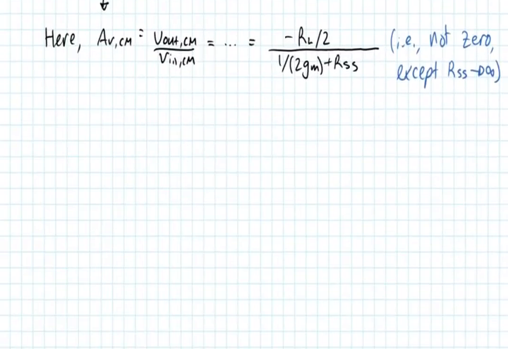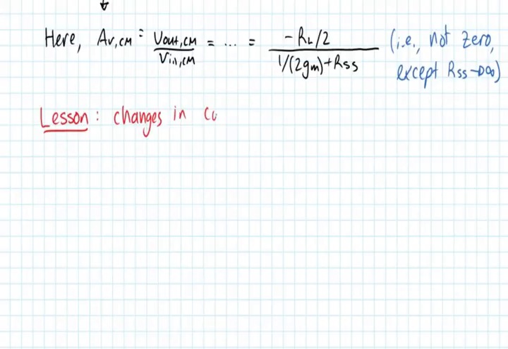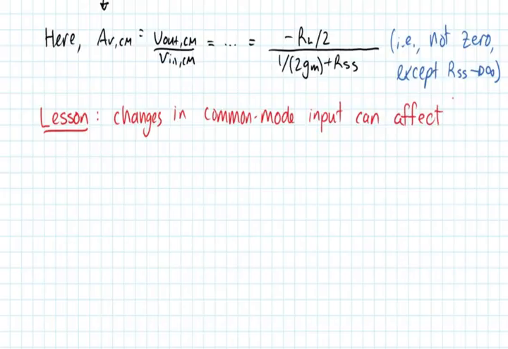So the lesson here is that changes in common mode input can affect device biasing, which alters small signal gain.